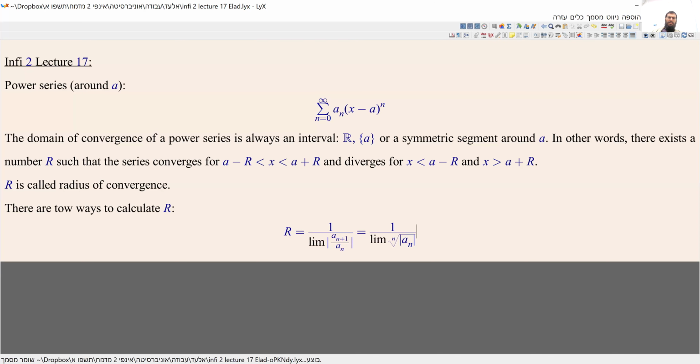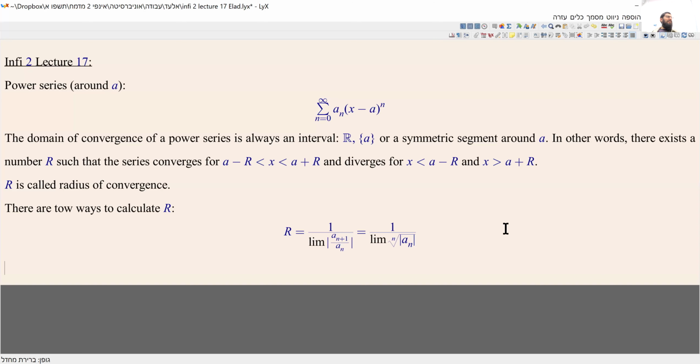We talked about how R doesn't necessarily exist. And when we talked about it in Infi 1, which is very fun, we talked about the lim sup, not just the limit, but here in Infi 2, all of this is not very important. It's my choice.